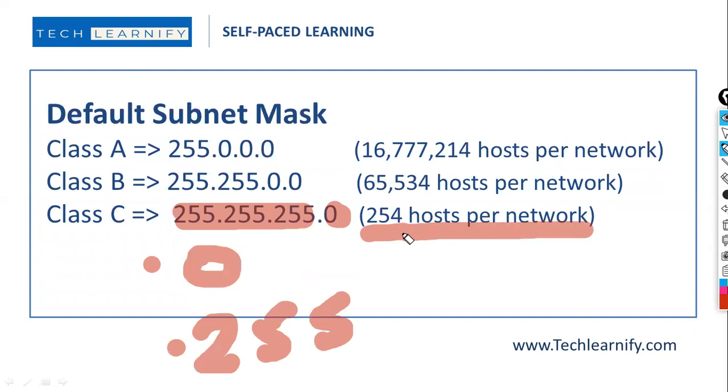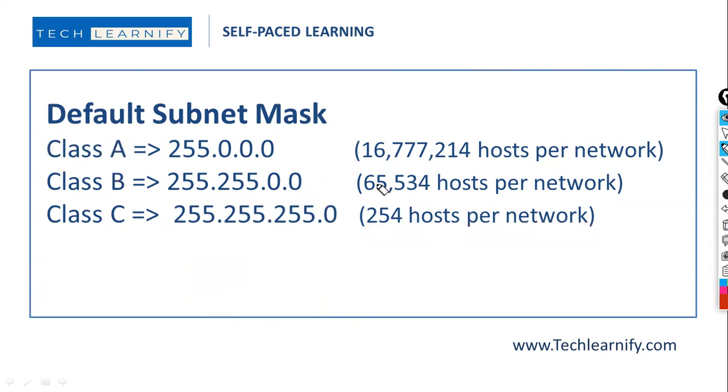So if there are more than 254 computers, we will have to use a class B address or maybe a class A address. In class B you see here 65,534, and in class A almost 16 million or so hosts per network.